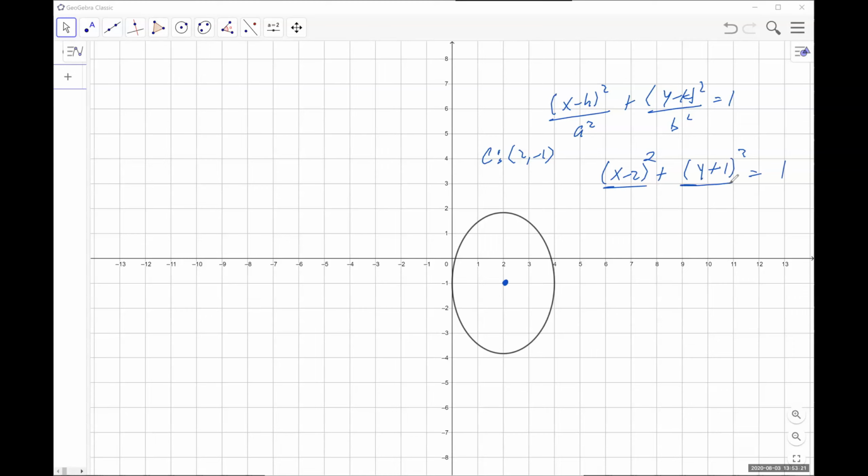And we're just going to plug in our values for a and b. So in terms of a, that's the horizontal distance. We're moving left and right 2 units. That's going to give me 2 squared here. And in terms of b, we're moving up and down 3 units.